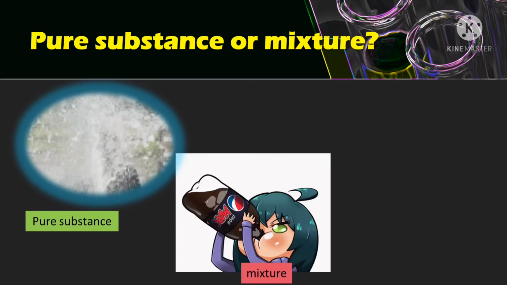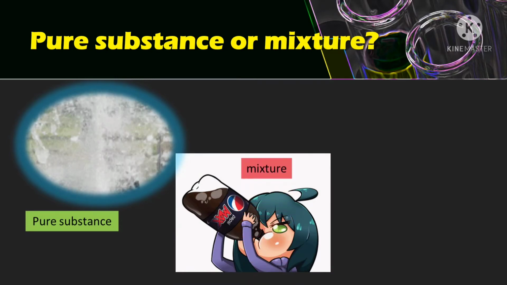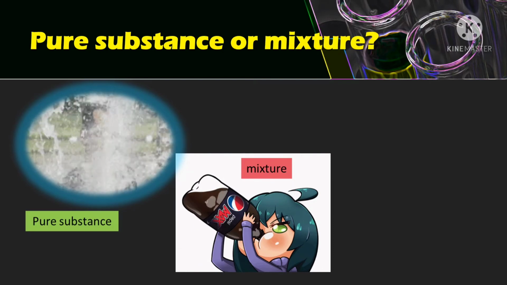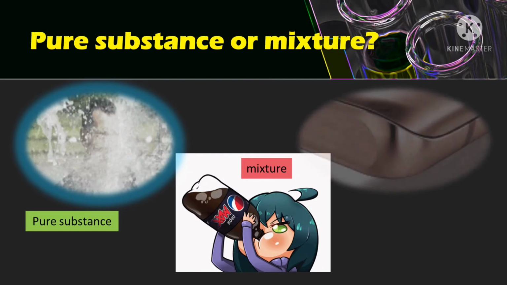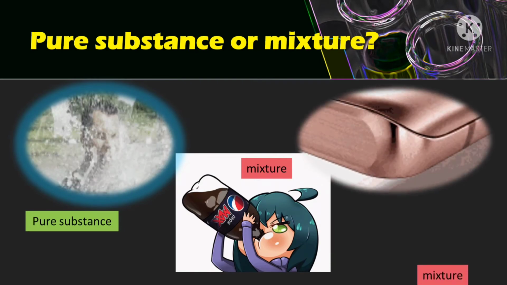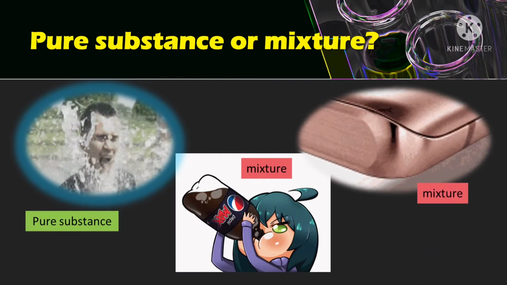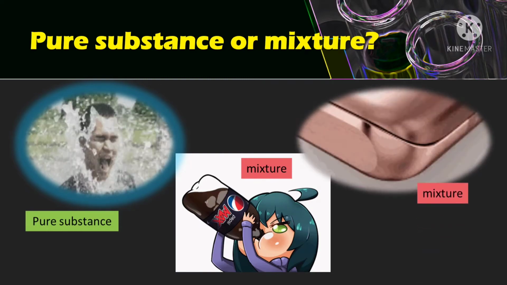Soft drink is a mixture because it contains two or more components. It is made up of water, sugar, food color, and flavoring. How about bronze? Bronze is a mixture because it is an alloy of copper and tin.